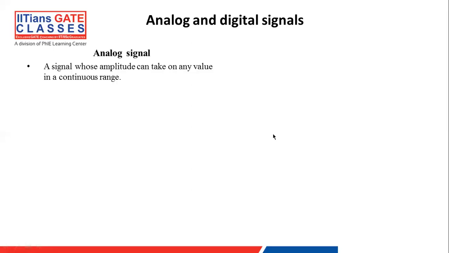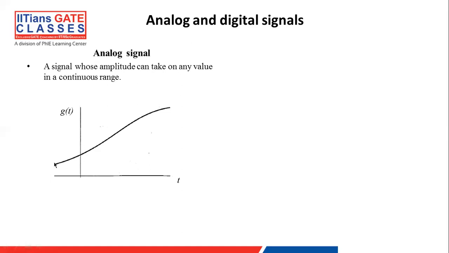So when we say analog signal, it will be continuous in the y-axis. A continuous time signal has continuity in the x-axis, that is in time. But when we say analog signal, it doesn't care about the time. It can be discrete or continuous time, but the y-axis has to be continuous.